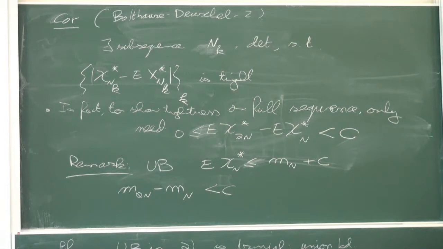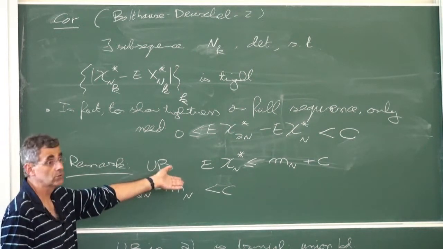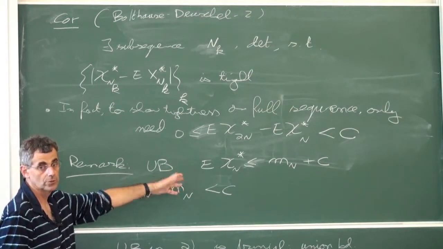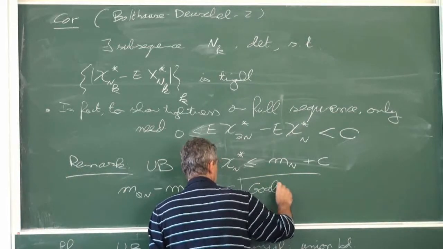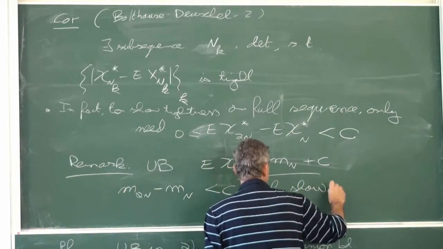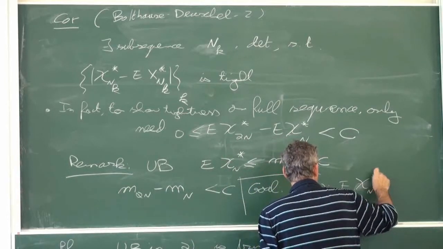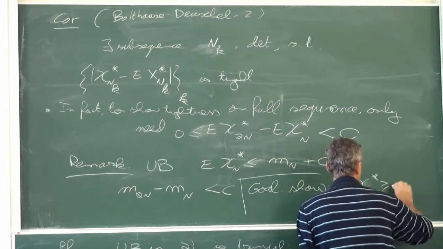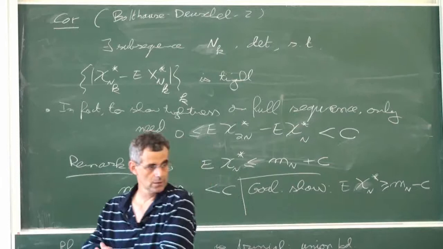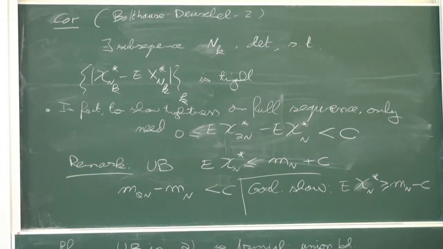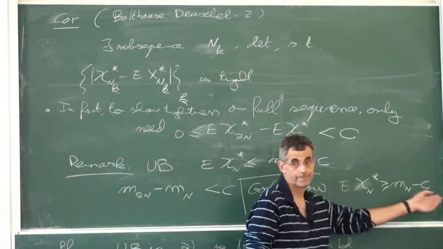So the next step will be, of course, to show that. So what is missing is a lower bound on m_n which is of the same order. So our next goal, therefore, is to show that the expectation of X_n^* is greater than or equal to m_n minus a constant. Then we would be done. As long as this constant does not depend on n, we are fine.